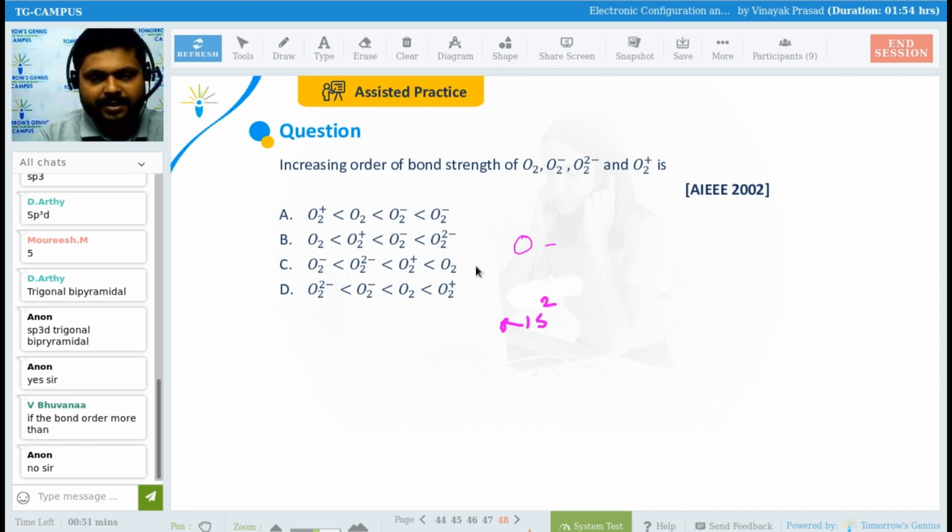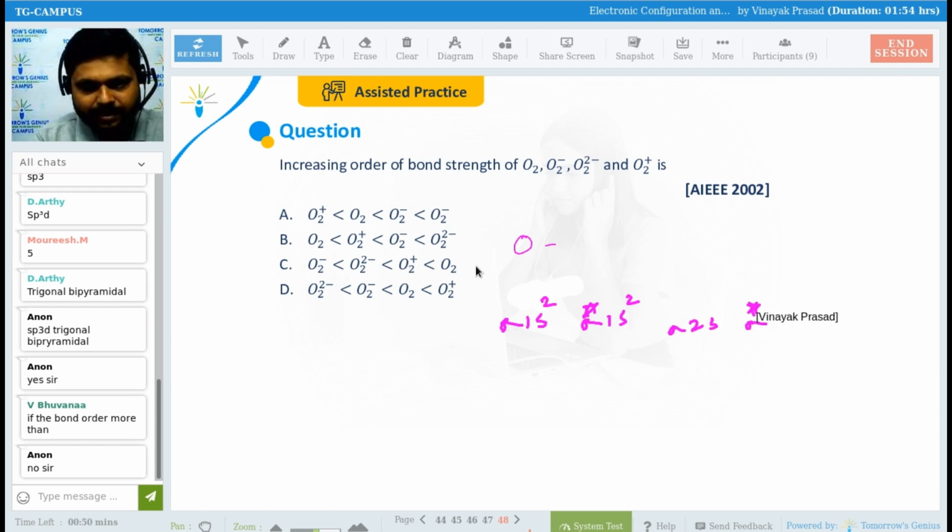Then sigma star 1s, and again 2 will be there. Then sigma 2s and sigma star 2s. Guys, this is simple. 1s2, then star 1s2, 2s2, and sigma star 2s2 will be there.